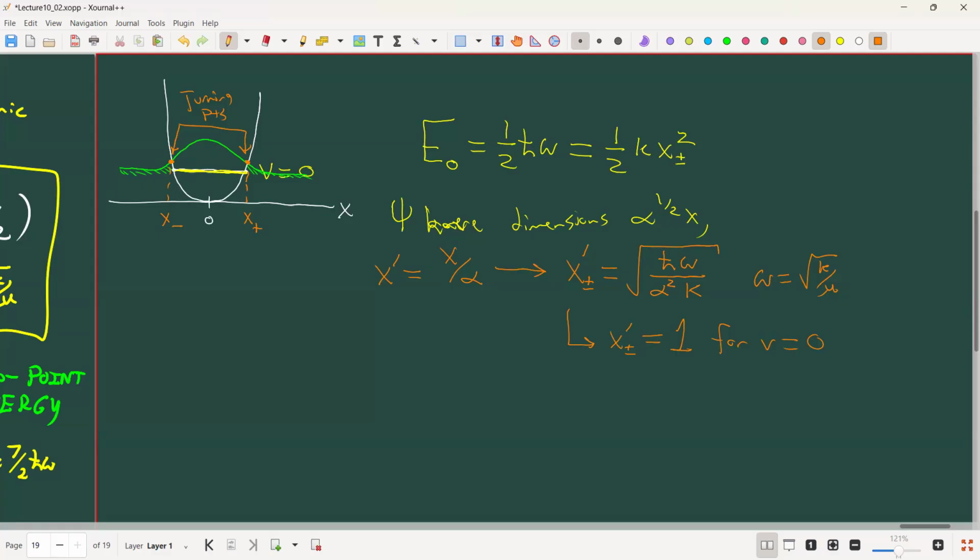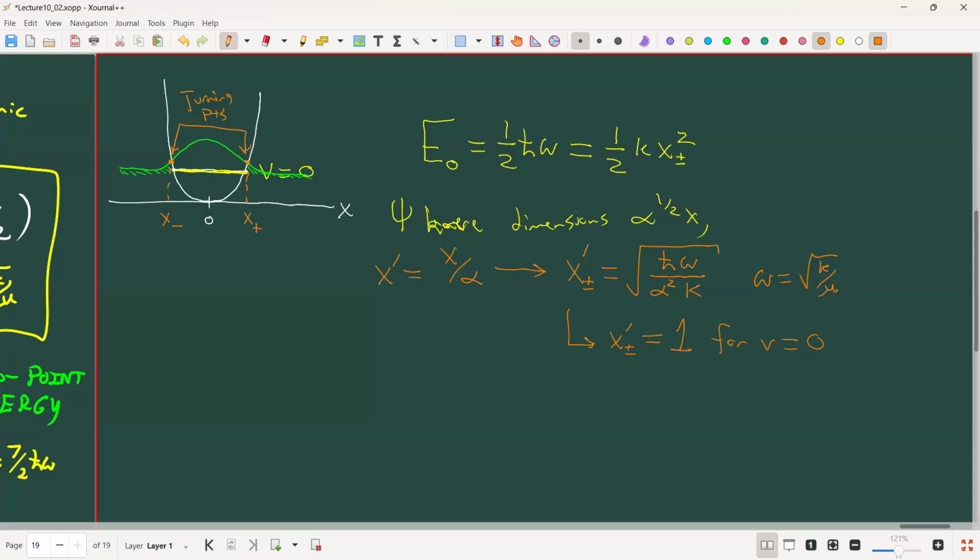This is the unitless displacement. Once you put in v equals 0, everything beautifully simplifies, and the turning points are at plus or minus 1. The math works out really nicely, and that's why they chose to scale the coordinates by alpha.